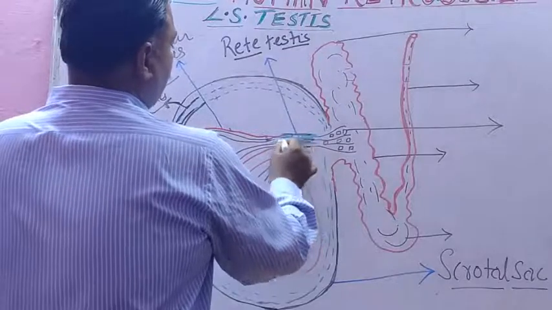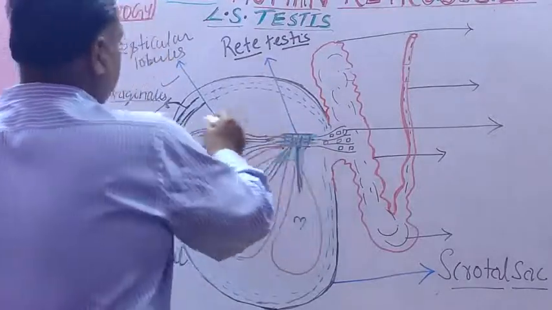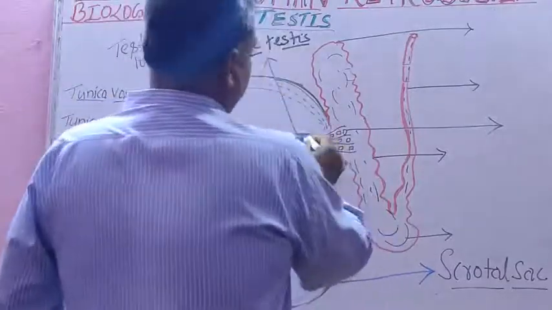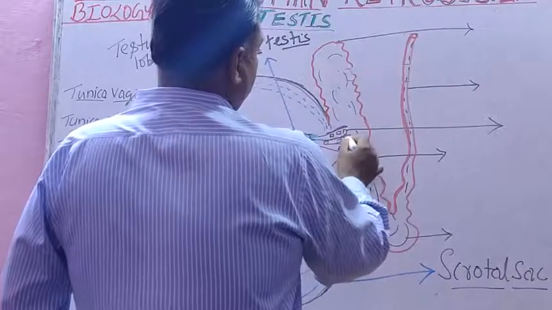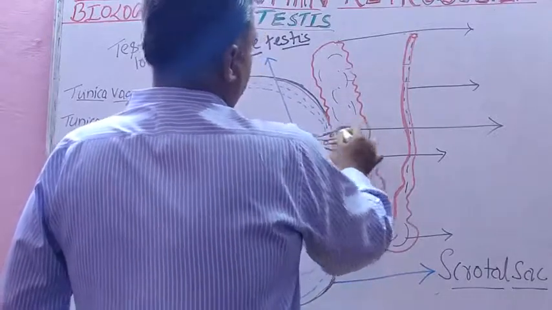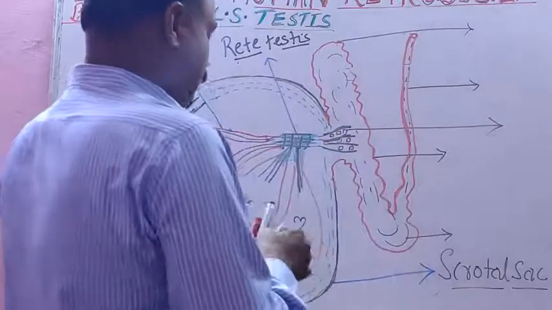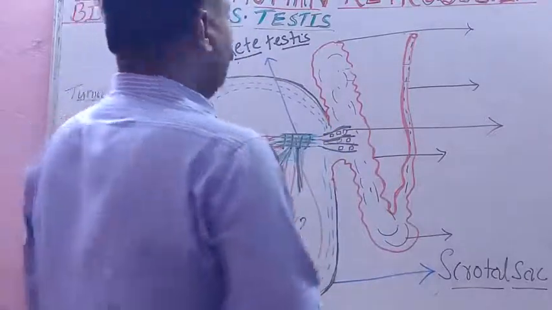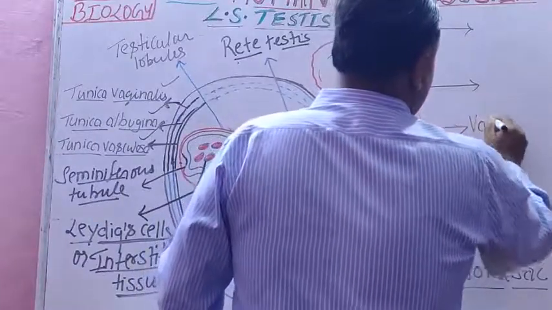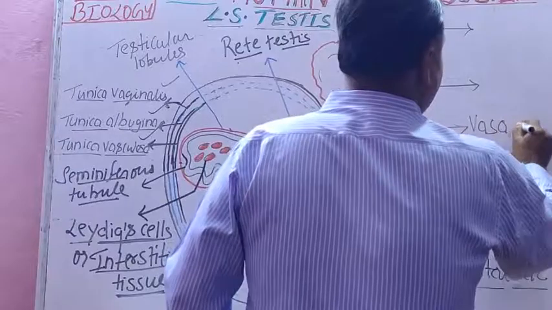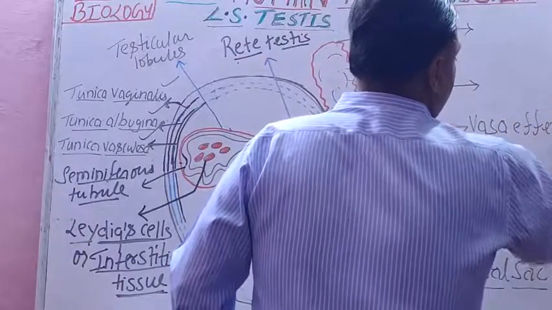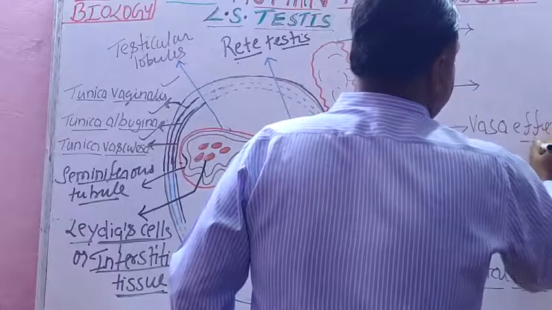The network coming out from the testicular lobules is called rete testis. And when this rete testis comes out, it forms vasa efferentia or vas efferens. Vasa efferentia is plural and vas efferens is singular.